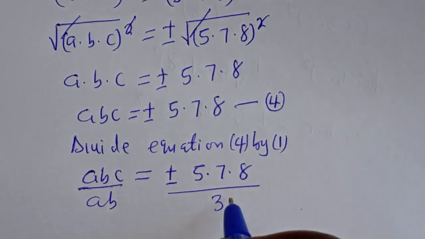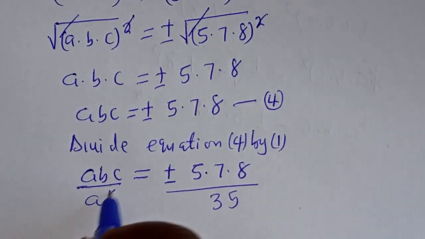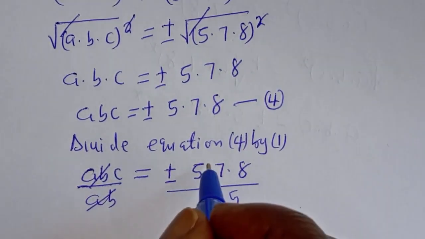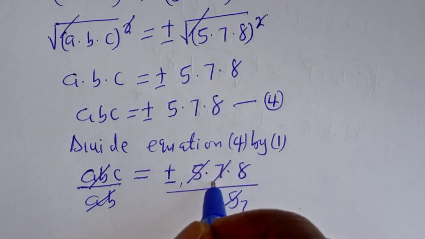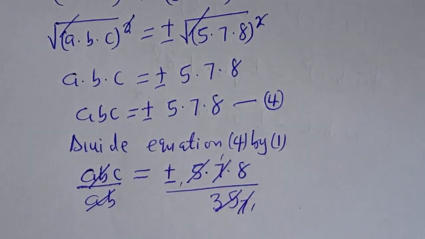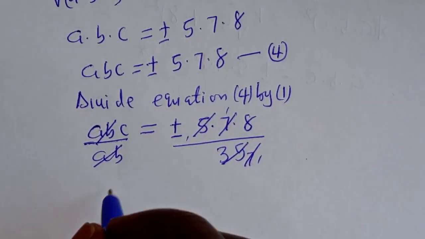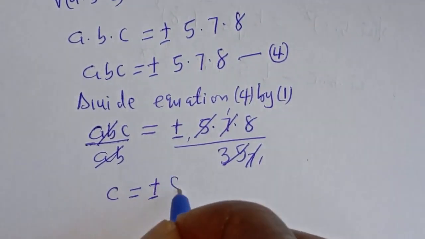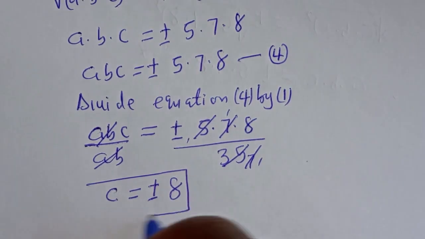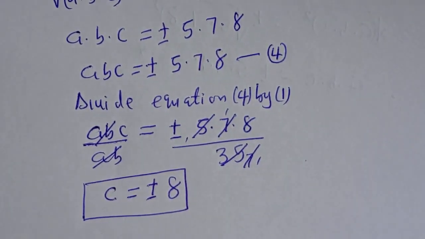This is over 35. This will cancel this. 5 here, 1; 5 here, 7; 7 here, 1; 7 here, 1. C is equal to plus or minus 8. This is the value of C.